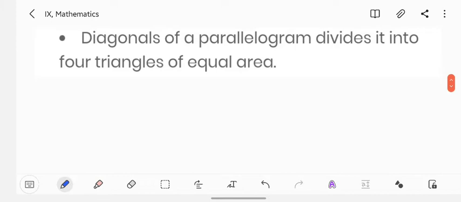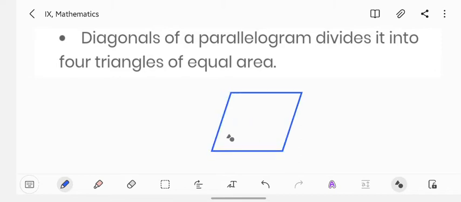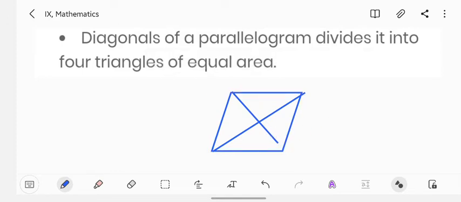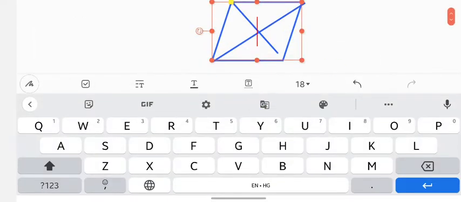So a parallelogram has two diagonals. Say this is a parallelogram, alright, and it has two diagonals here, the first one and the second one. So if we consider this as a parallelogram, then it divides the parallelogram into equal areas. We have four triangles here.